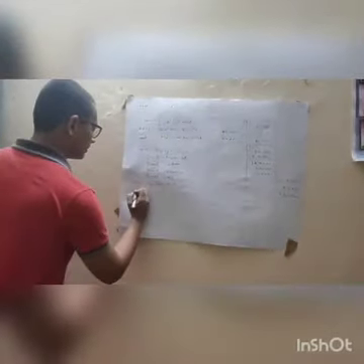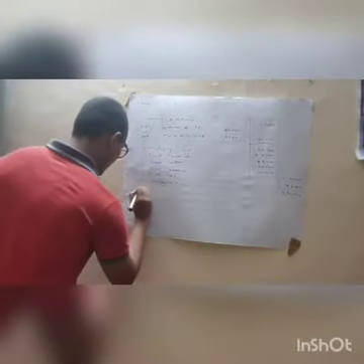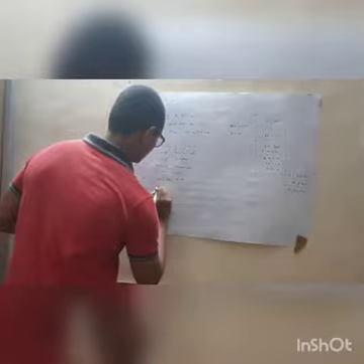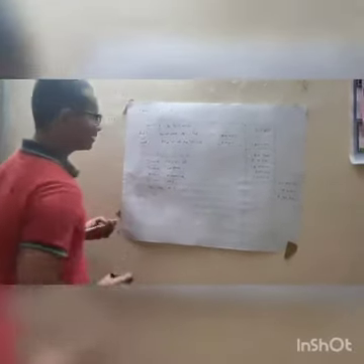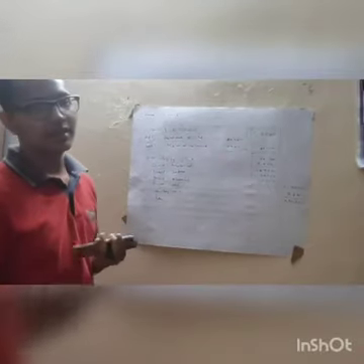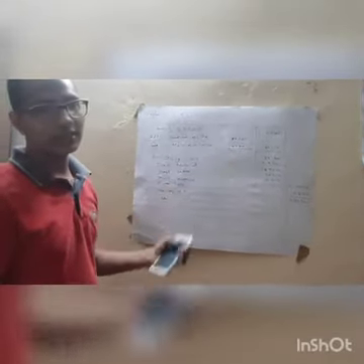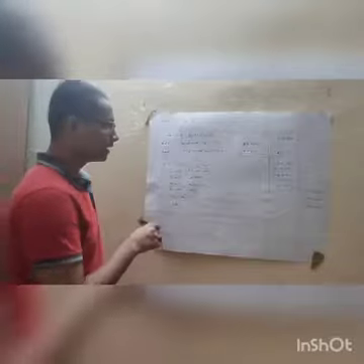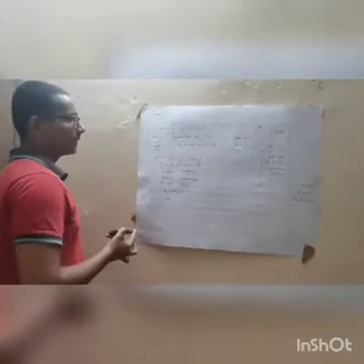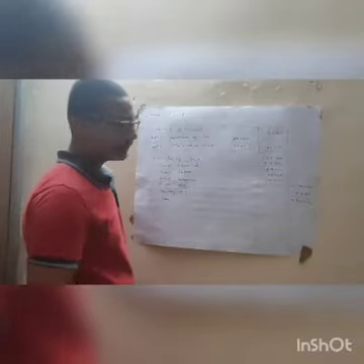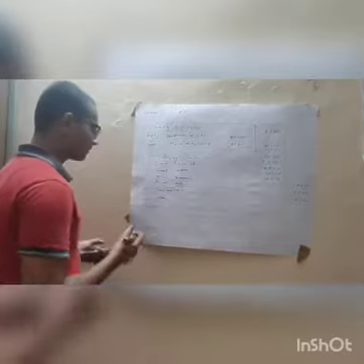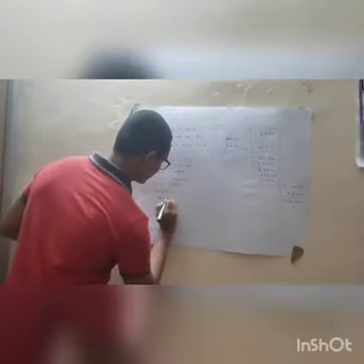And then we have to add the administrative overhead. And before that, while we are finding the factory overhead, if in the question they give the opening work in progress, we have to add it, and the closing work in progress we have to deduct. If it is not given, we directly get the factory overhead, and then we have to add the administrative overhead.